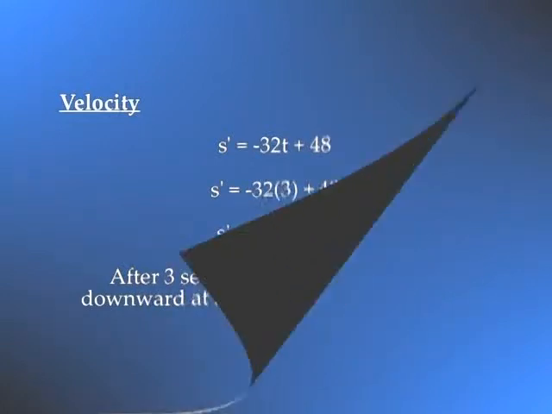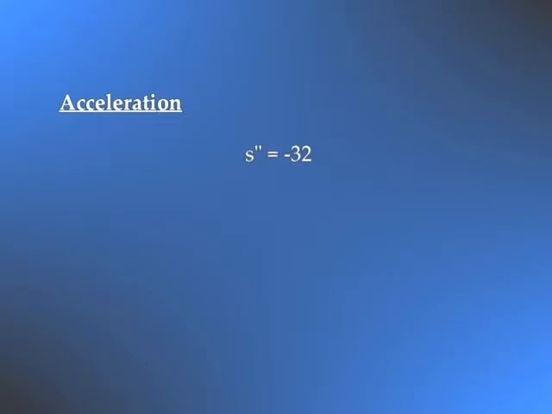Now, for acceleration, we use the second derivative of the position equation. It's actually the derivative of the velocity equation, because when we take the derivative of velocity, we are finding the rate of change in velocity. And rate of change in velocity, that's acceleration. And it's a rather trivial situation.